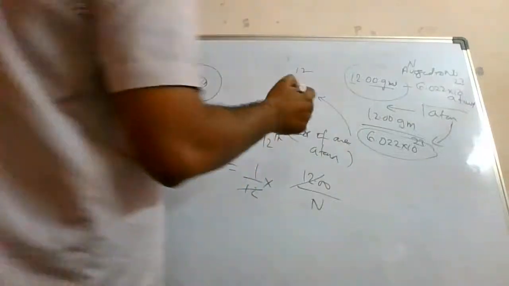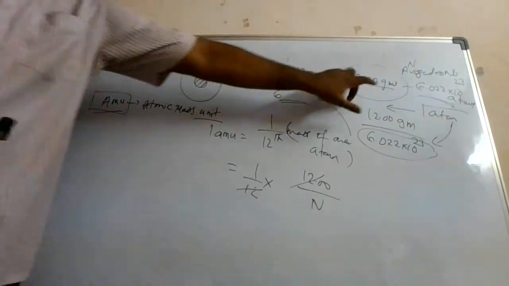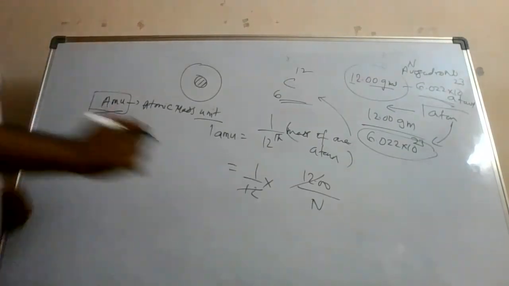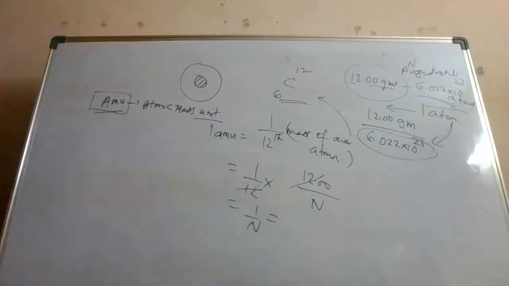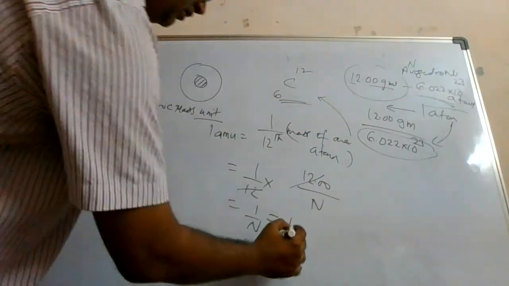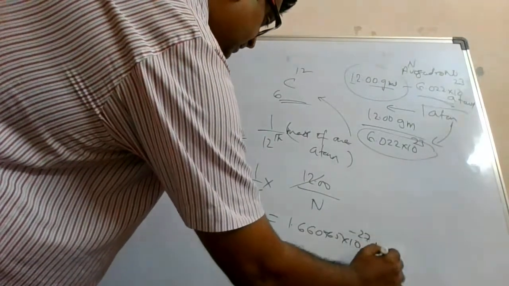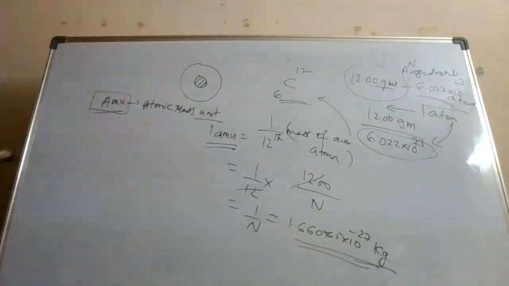Exactly 12 grams corresponds to these many atoms, so you get 1/N. If you calculate this, you get 1.660565 into 10 to the power of minus 27 in terms of kg. So one atomic mass unit corresponds to this much.